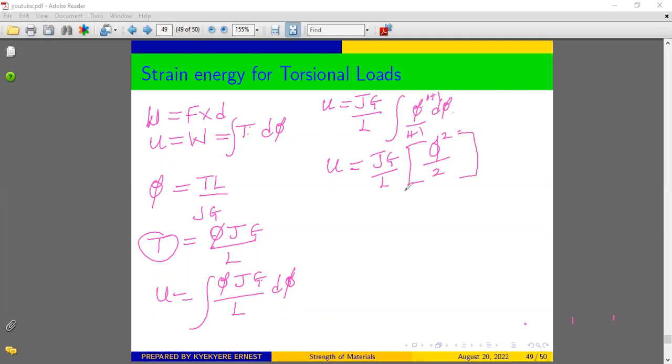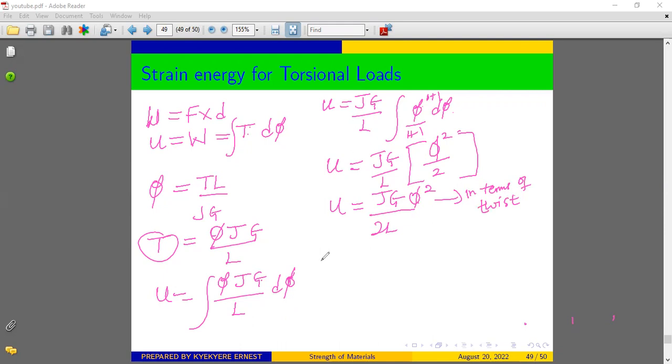And from there, when we multiply through, the internal energy, which is equal to the work done or the energy stored to deform the structure, is equal to JG over 2L times the angle of twist squared. So this is the strain energy in terms of angle of twist.